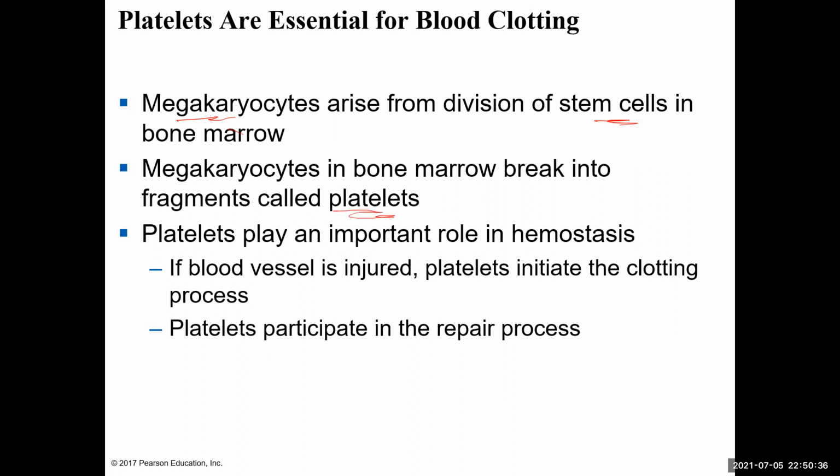The platelets initiate the clotting process and help get that started. And then along with other clotting proteins, they will make a clot and seal that damaged blood vessel so that we don't lose a lot of blood in the process.